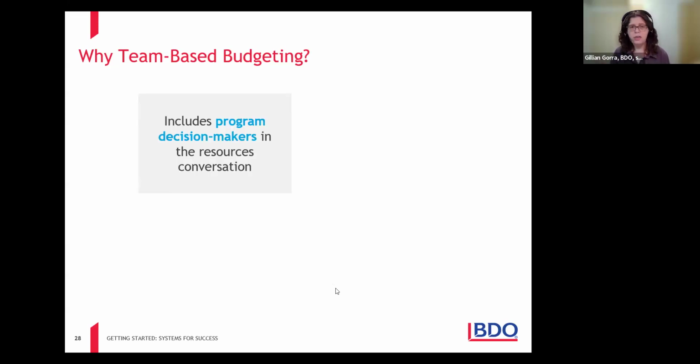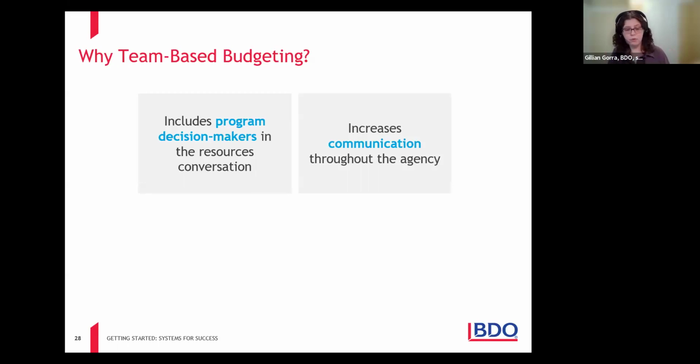As I mentioned before, we really want folks who know the most about the programs to be able to inform decisions about how they're going to be resourced, right? When we have a team-based planning approach, it's great as a communication tool because it reinforces for everyone in the organization or your stakeholders, whoever those may be, what's important to the organization. Remember, these are our goals, and this is what we're planning around.